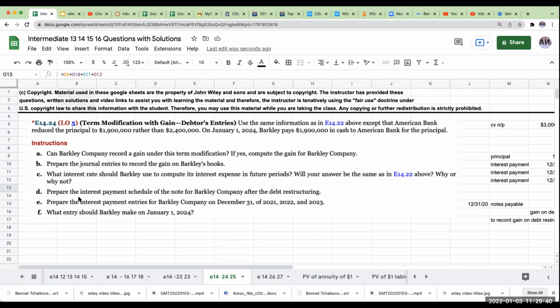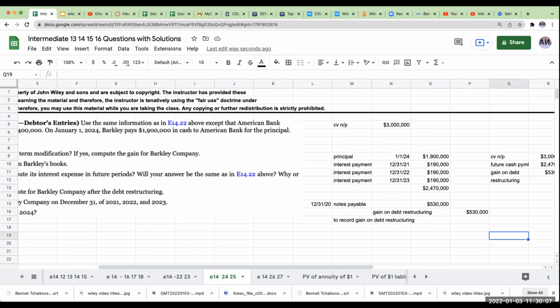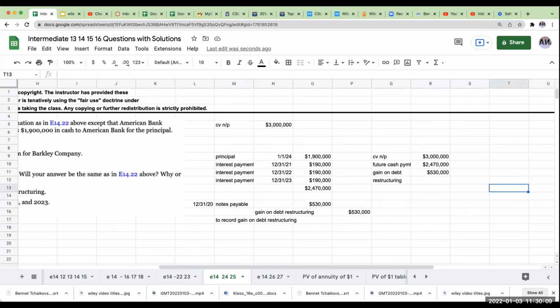What interest rate should Barclay use to compute its interest expense? Will it be the same? Reading from their solution: because the new carrying value of the note equals the sum of the undiscounted future cash flows, the imputed interest rate is 0. That makes sense, since we're writing this off directly by debiting notes payable.